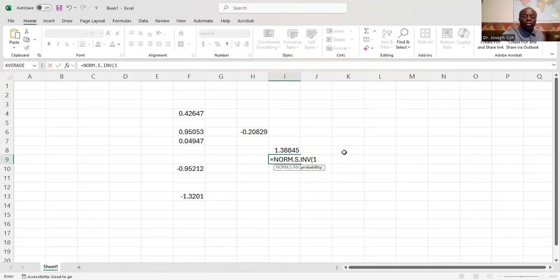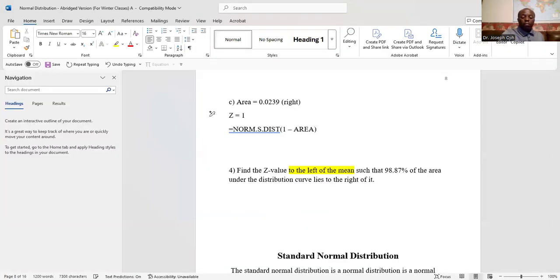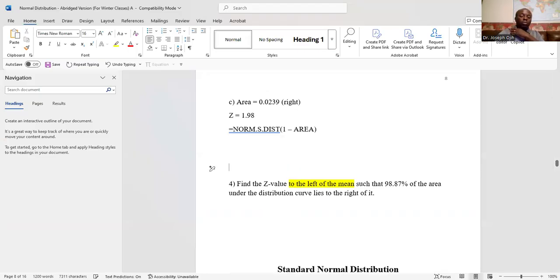So you do 1 minus the area, which is 0.0239. Close the parenthesis, press the enter key, and it gives you 1.98. So Z is 1.98, on the right. And on it goes.